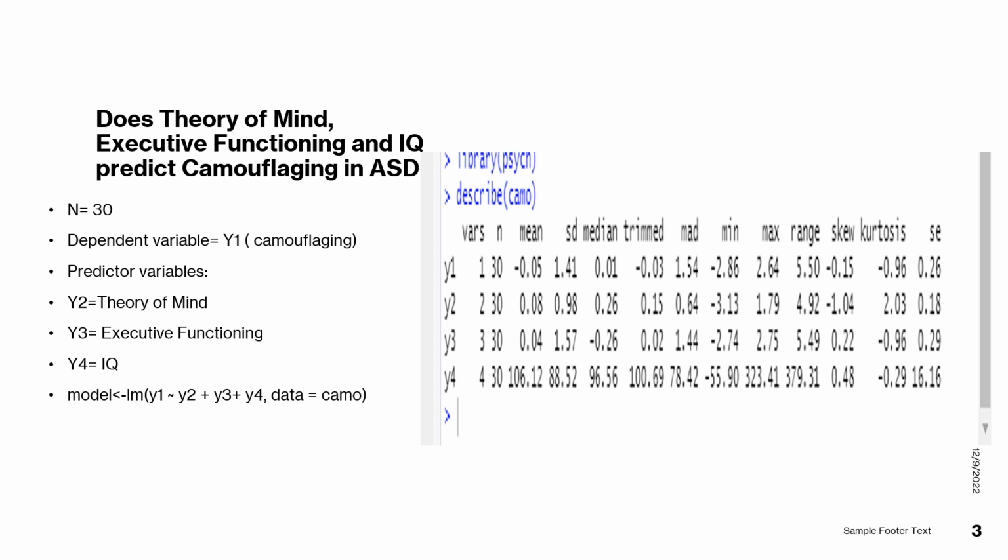Our dependent variable here is camouflaging, while our predictor variables are theory of mind, which we refer to as TOM from now on, executive function, EF, and IQ. You can see we fitted our model, and I just want to note that the data is continuous. So let's assess how these different predictors impact our response.